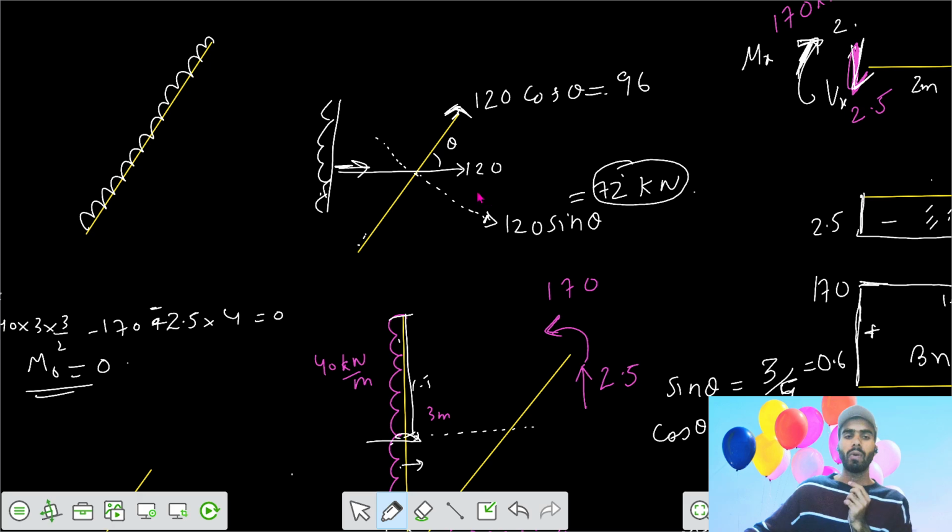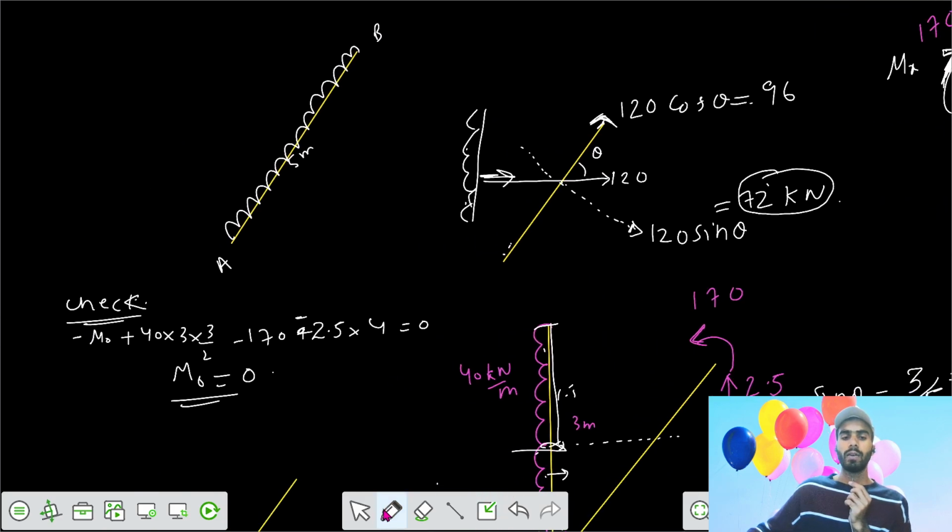To make it an equivalent UDL, because your load was also UDL, in the transverse direction to the member AB, which was 5 meter, say 72 kilonewton is the transverse force, then it has to be divided by 5 meter, and we get the equivalent UDL.